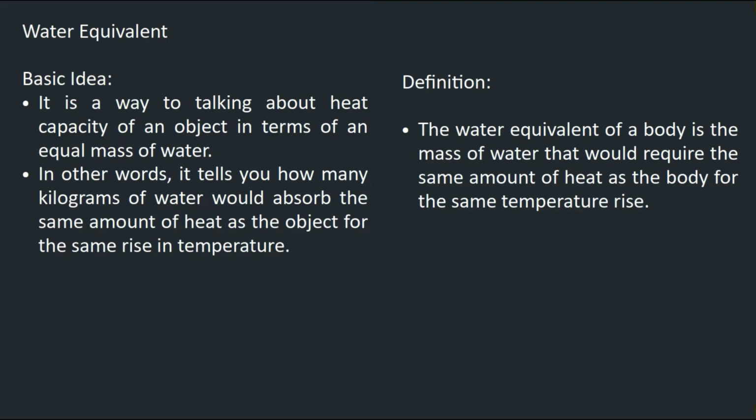Let's read through. So the basic idea is that it's a way of talking about the heat capacity of an object in terms of an equal mass of water. In other words, it tells you how many kilograms of water would absorb the same amount of heat as the object for the same rise in temperature. So I compare it to refractive index. You remember refractive index?